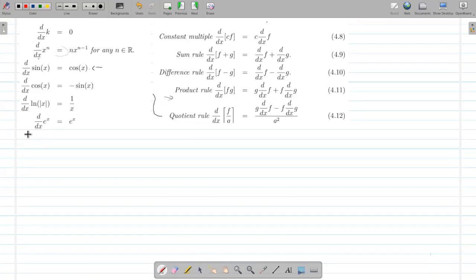Now we can apply these two rules together also. Okay, so if I say find the derivative, I'll use the dash notation. Any number of these things.